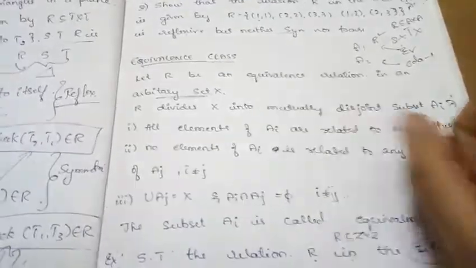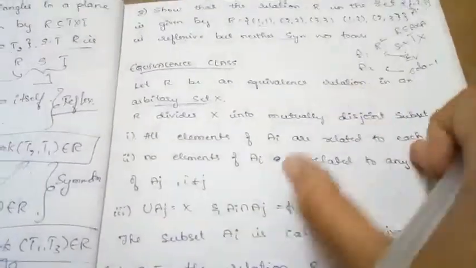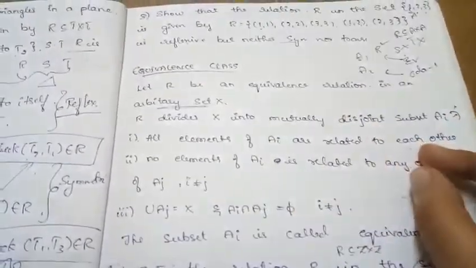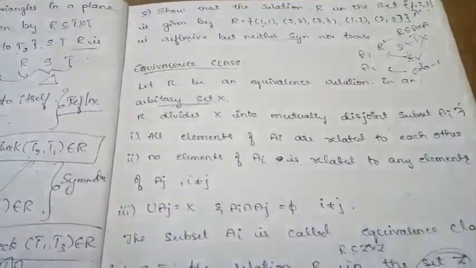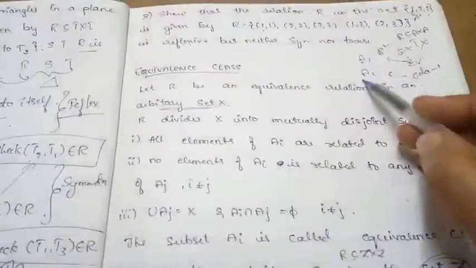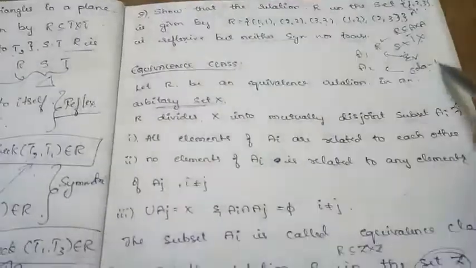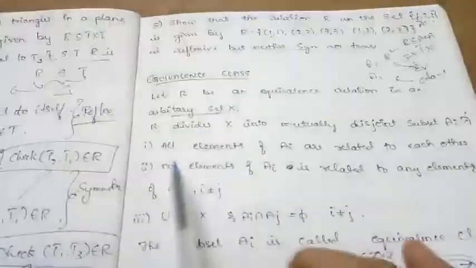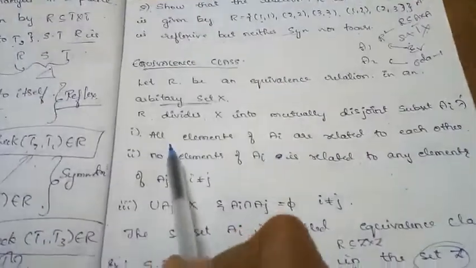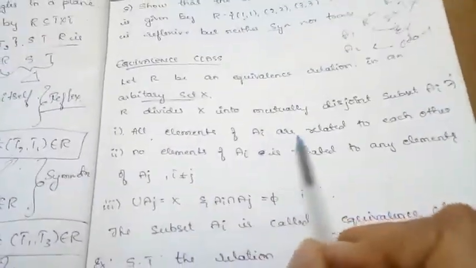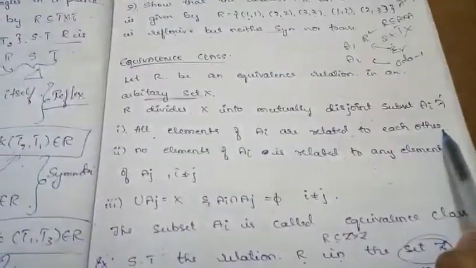I have shown you how they are related. And all elements in A2, that is the odd numbers containing 1, are also related to each other. That is what the first statement is saying: all elements of Ai are related to each other.